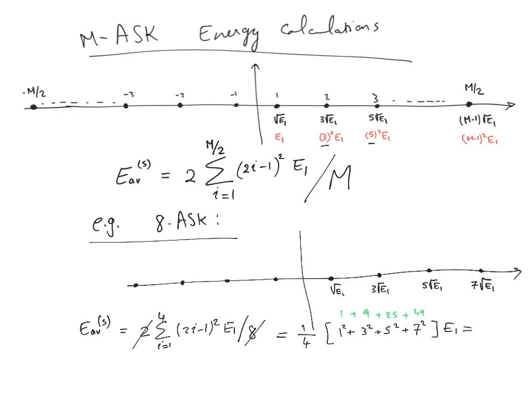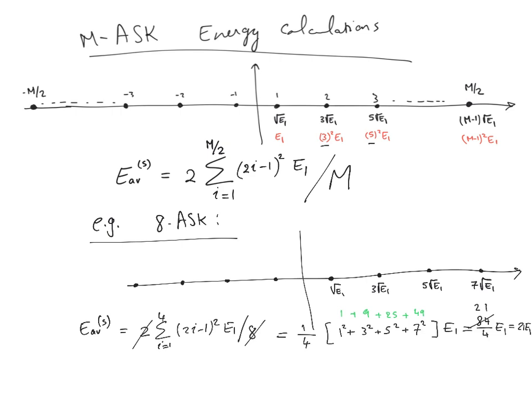So the final result is 84 divided by 4 E1, which is equal to 21 E1.